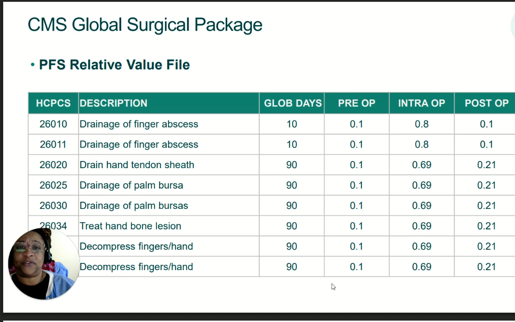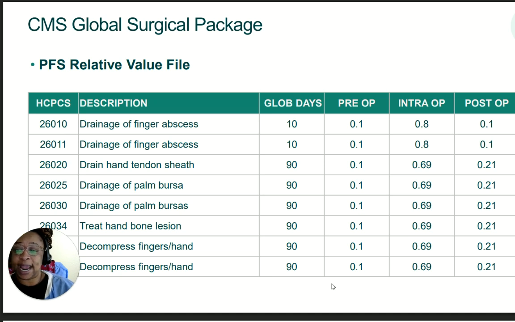So if it's in that 10 days, then we cannot bill the insurance. But if it's a new problem, say for instance you have flu symptoms, sore throat, runny nose, or something like that, within that global period, you then can bill for this particular issue because it's unrelated to your finger abscess.